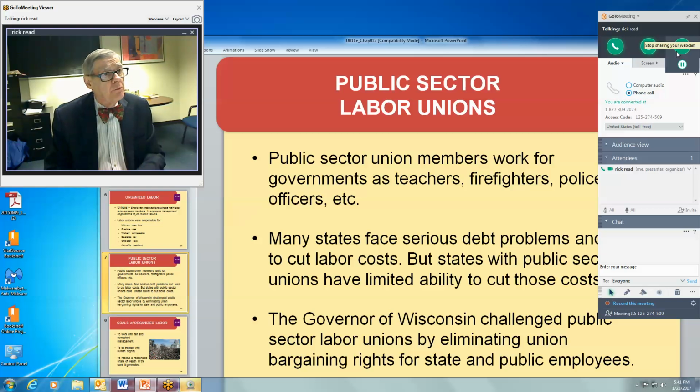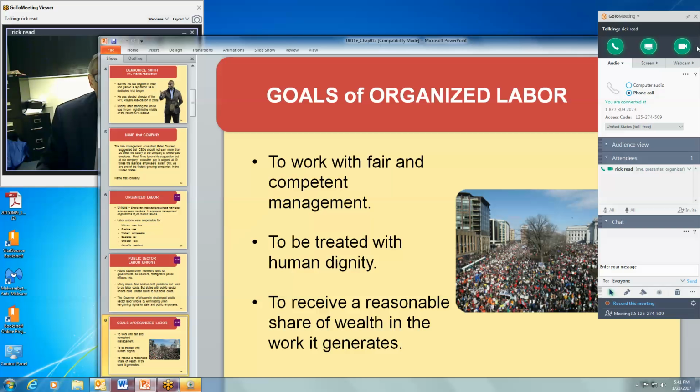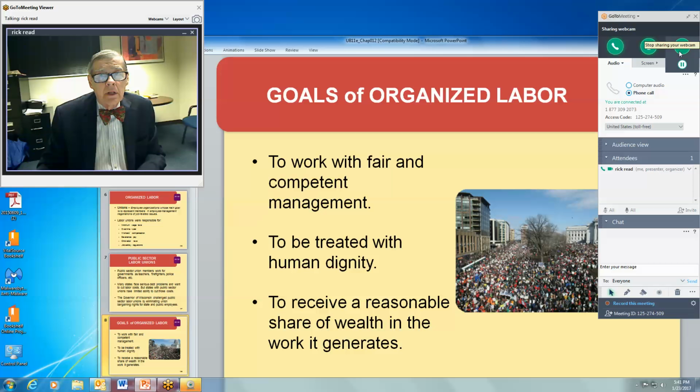the benefits that we workers, unionized or not, by the way, I'm not a unionized worker, take for granted, we get because of the labor unions, just like we mentioned here. Here's what a labor union is after: to work with, notice what that says, fair and competent management.